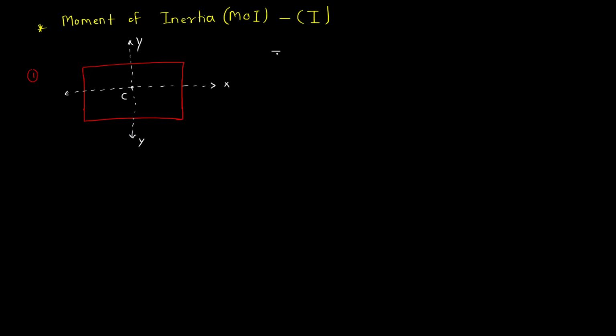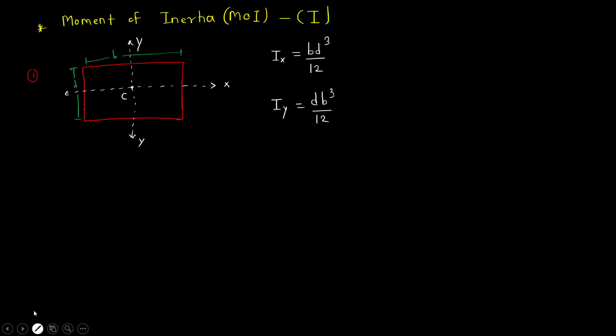Now the moment of inertia about x-axis, that is Ix, we will give the dimensions here: this dimension is b, this dimension is d. The formula for this is bd cube by 12. So this is Ix. Similarly Iy is db cube by 12, opposite.